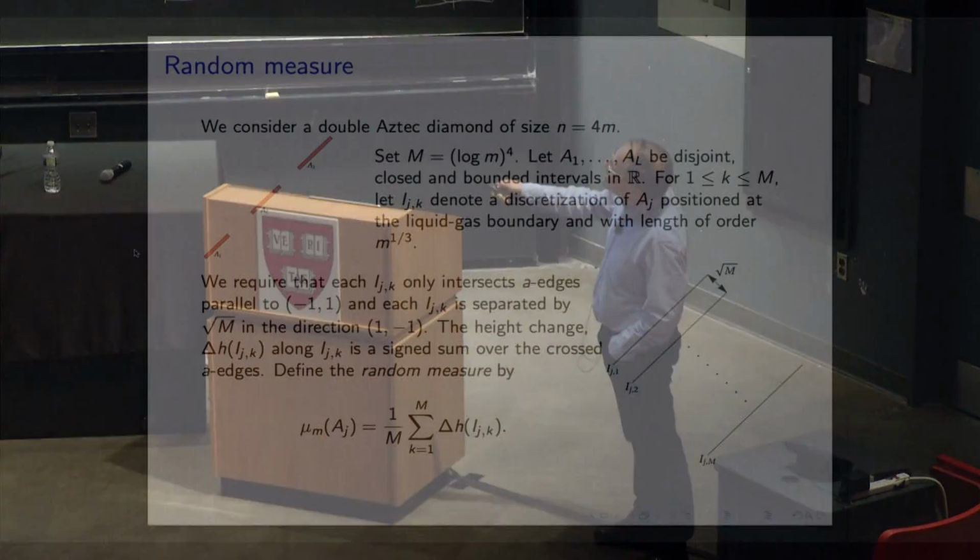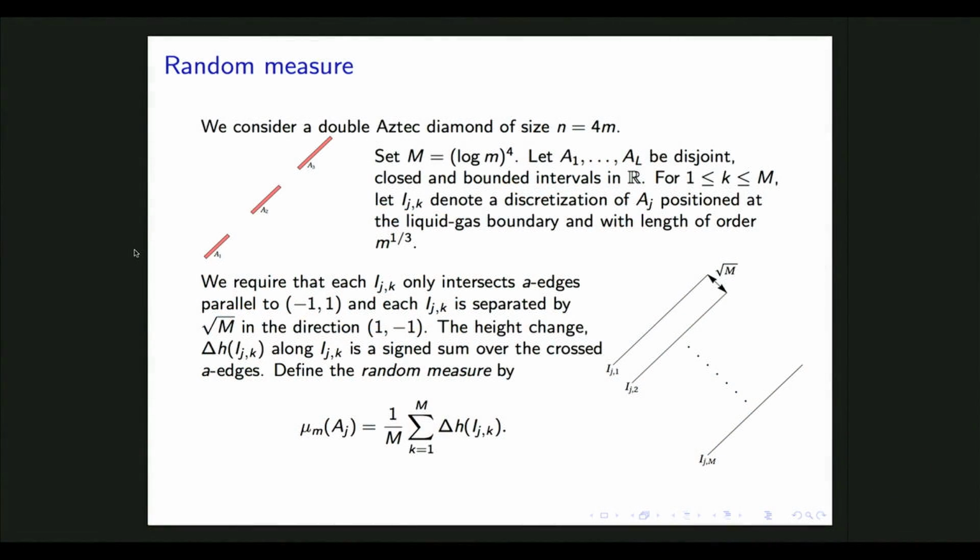I put copies of these things. So here are these curves going through that I drew on the board. I take height differences along these, and I take the average of these. This now defines a random measure. If we believe again that this should converge to this Airy kernel process that we saw in the previous talk, then this random measure should converge to a point process given by the Airy kernel.